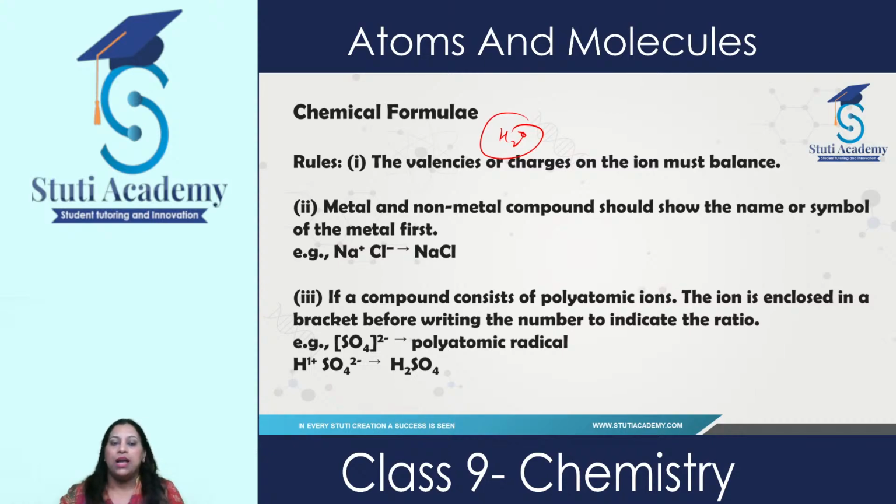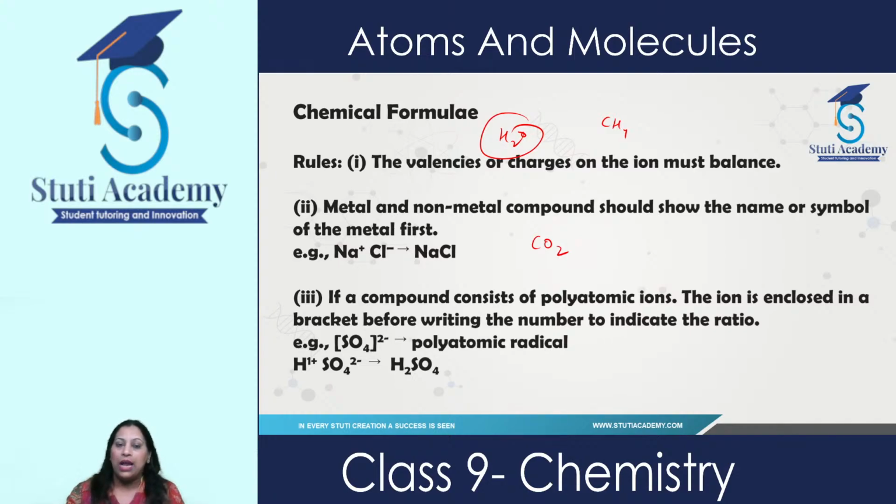If we write carbon dioxide, we know the formula CO2. If I ask, what is the formula of methane? You'll say CH4. But how do you know it's CH4? How will you write this chemical formula? There are certain rules which you'll follow. And what are those rules?